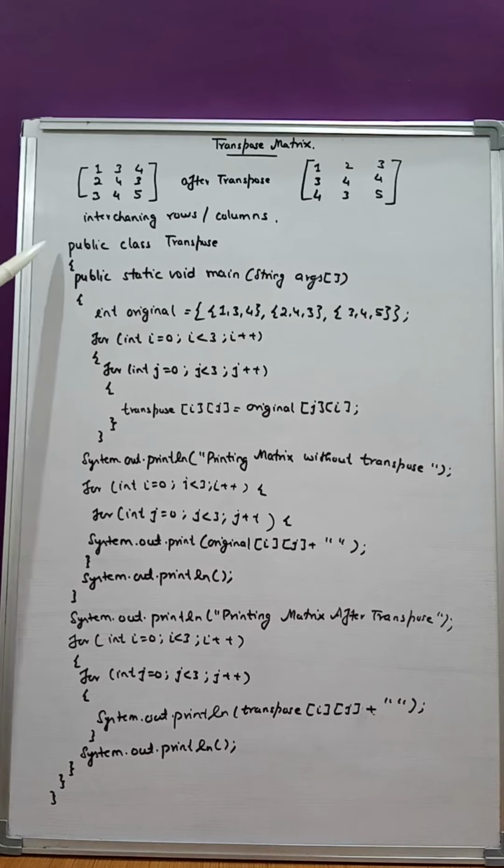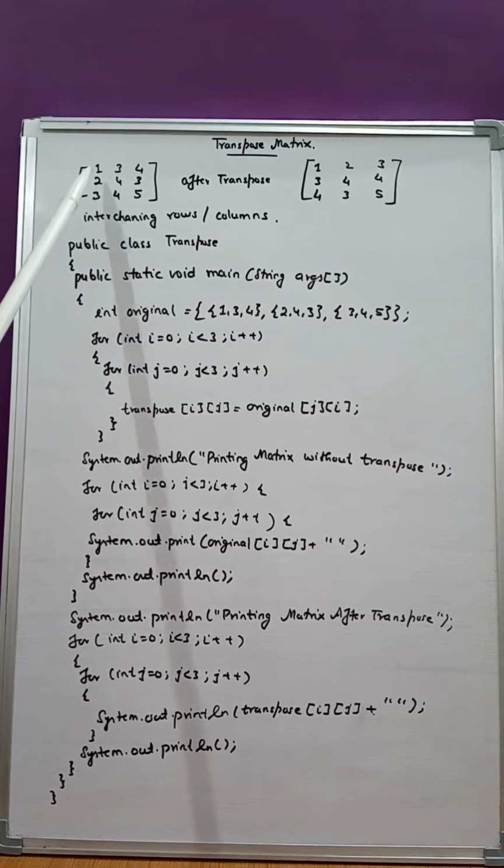In this program, first we have declared the class, then the main function, then we have declared the original matrix. Whatever we wrote in that matrix, the same matrix we have taken here as the original matrix, with rows 1 3 4, 2 4 3 and 3 4 5. Three rows are there.